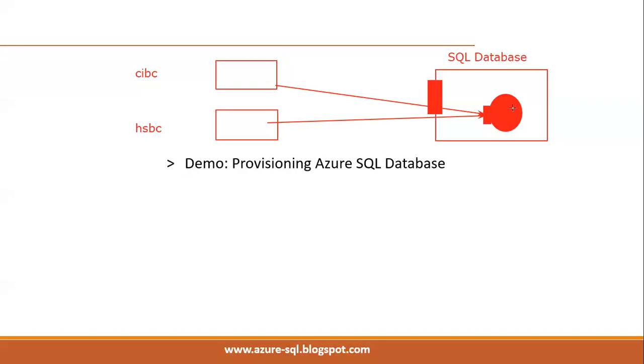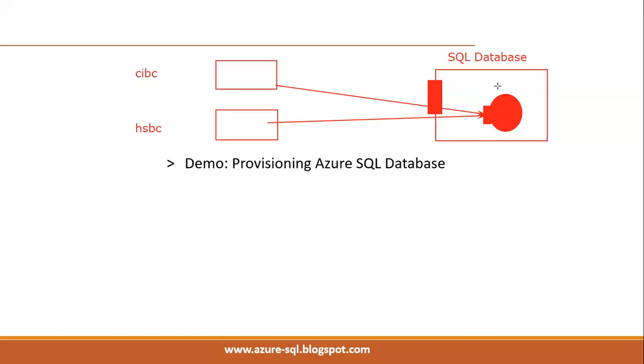Generally, our administrators' machine IPs are added in the server level firewall rule. Server level means that if the IP is added in the server level firewall rule, then we can access all our databases, not just one.